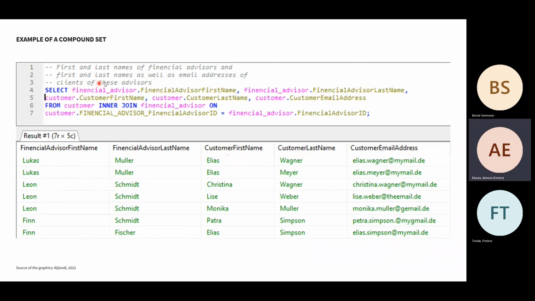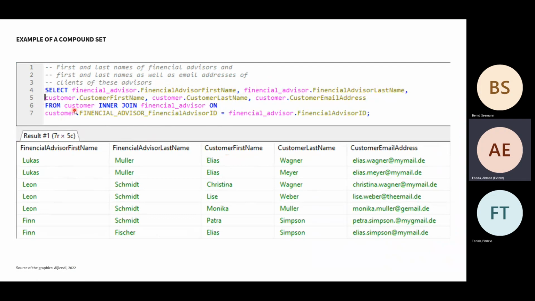After the select, writing is easy. You need to think about what you need to write after from, because this is what you need to present: the financial advisor first name, last name, customer first name and email address. From what? You can't say from one table and that's it, because these values are not in the same table, right?